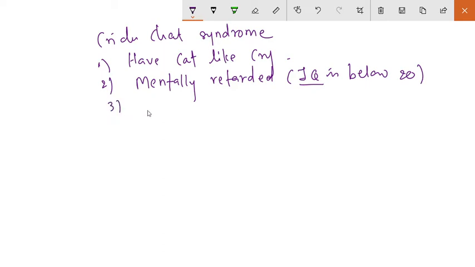Then they have the malformation in larynx. लॅरिंग्स म्हणजे या ठिकाणी ते घशातल्या आवाजाचं जे यंत्र असतं त्याला आपण लॅरिंग्स म्हणतो. तर त्या ठिकाणी ते पूर्ण व्यवस्थितरित्या डेव्हलप होत नाही आणि त्याच्यामुळे तो मांजरीसारखा रडतो किंवा मांजरीसारखा त्याचा आवाज येतो.